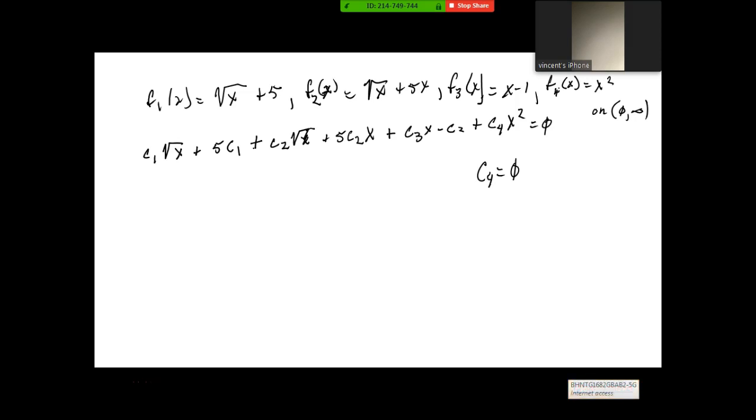Now, just noticing something else. The terms with square root of x in them, there's only 2 of those, right? And that tells me that C1 must equal minus C2, because the only way you can get those square root of x's out of there is for one of those coefficients to be the opposite of the other.